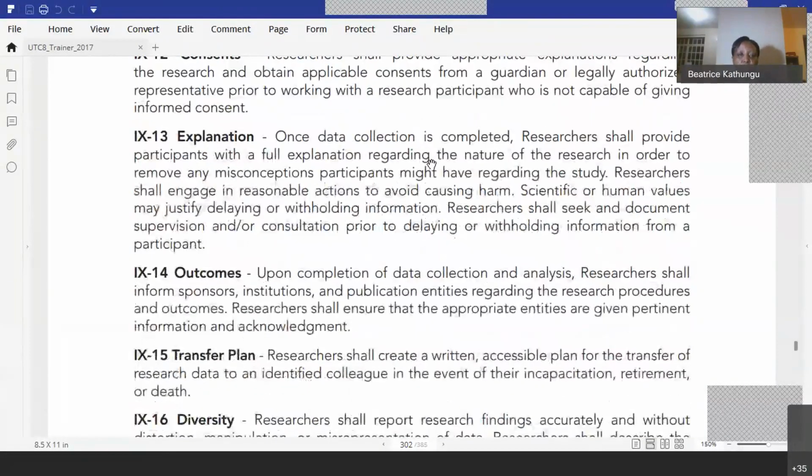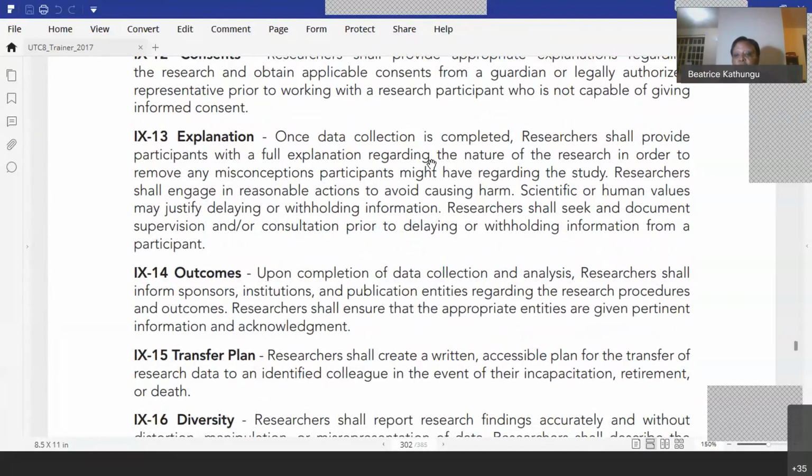Now, explanation is point number 13. We are reminded that once we have collected data and we have our data, rather than just walk away and go, we need to provide participants with a full explanation regarding the nature of the research so that we get rid of misconceptions. Sometimes participants think that after this study, you're going to bring them goodies around the problem you are talking about.